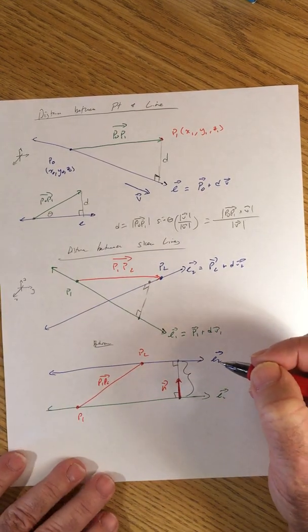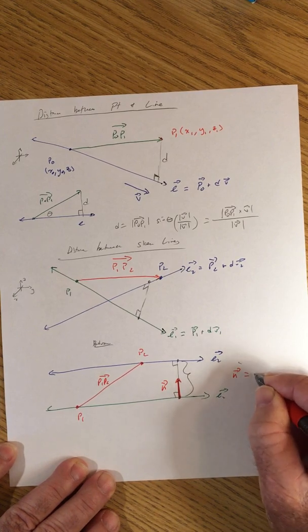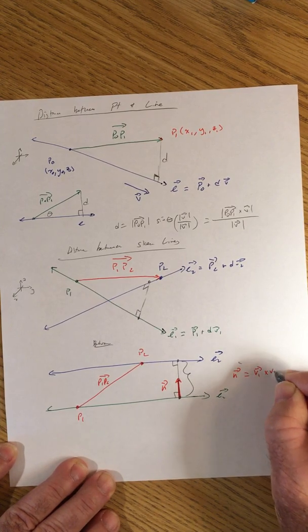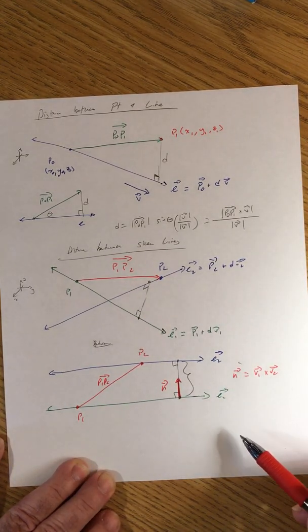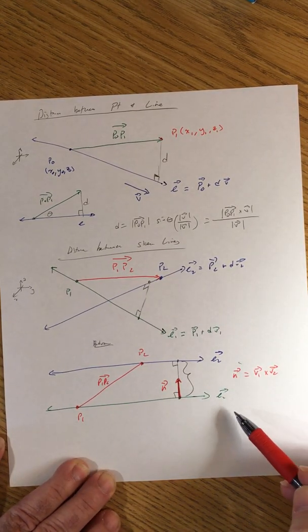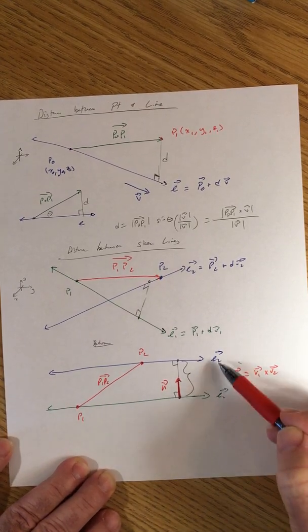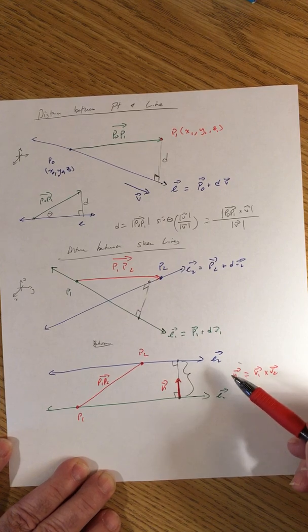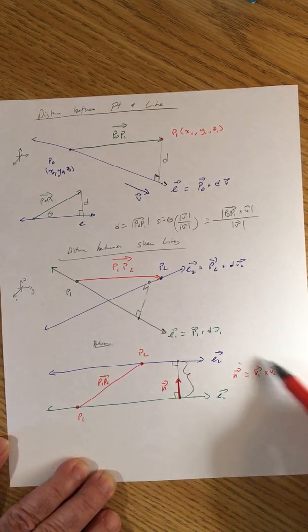Now, you get that normal vector by crossing v1 with v2. Now, if you remember, if I take the cross product of two vectors, what do I get? I get a vector that's perpendicular to both of them. Now, these two vectors aren't tail to tail, but that doesn't make any difference. As long as I take the cross product of two vectors, I get a vector that's perpendicular to both of them.